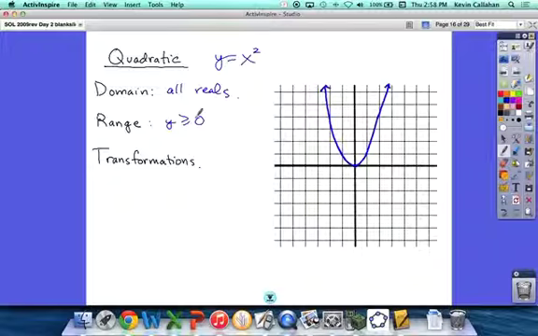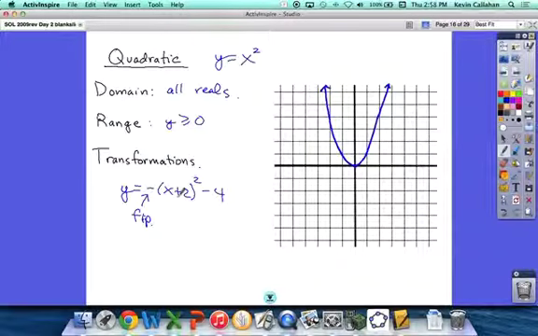Okay, how would that change if I had this? Y equals negative x plus 2 squared minus 4. What's the effect of putting a minus in front? It flips it upside down, right? That's a flip. Okay.